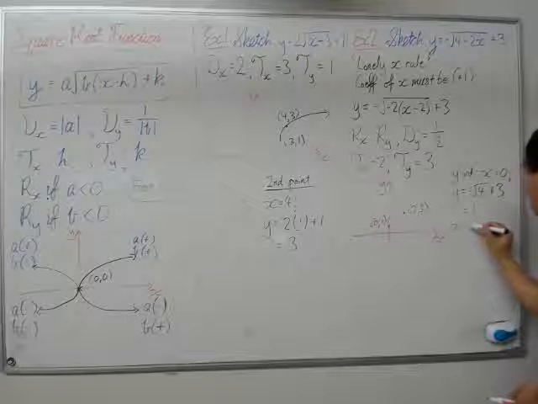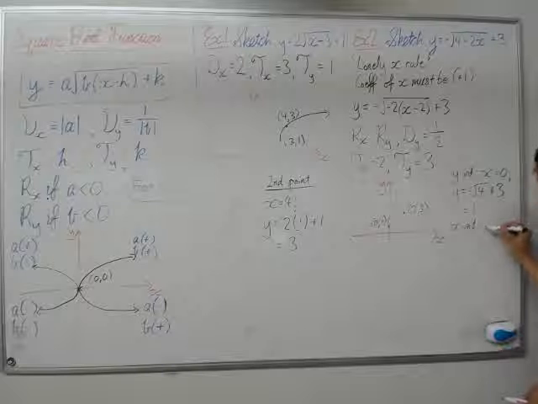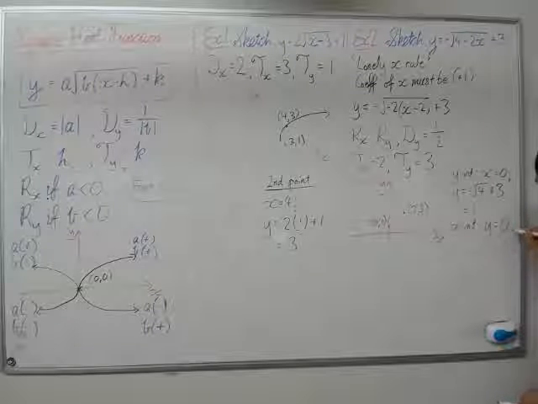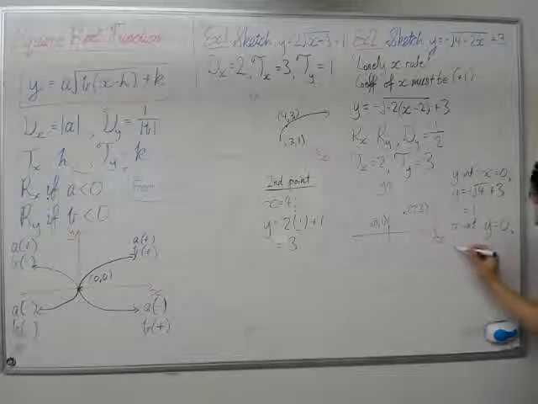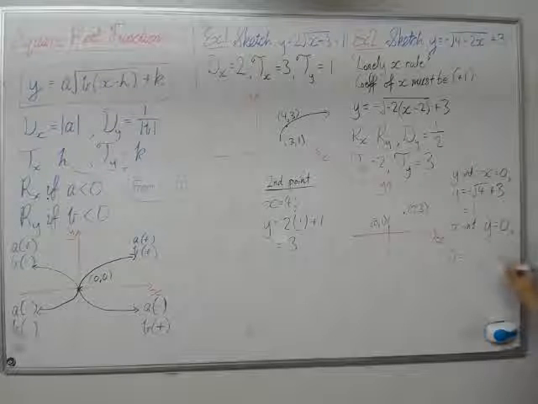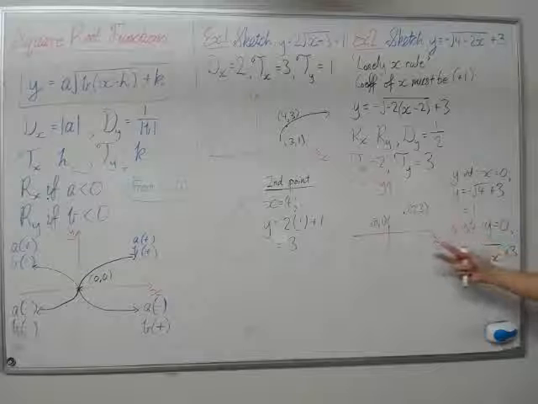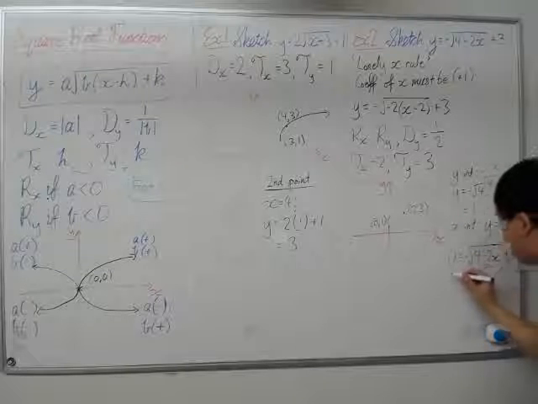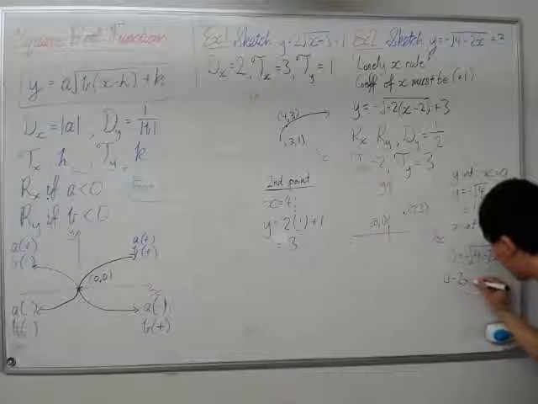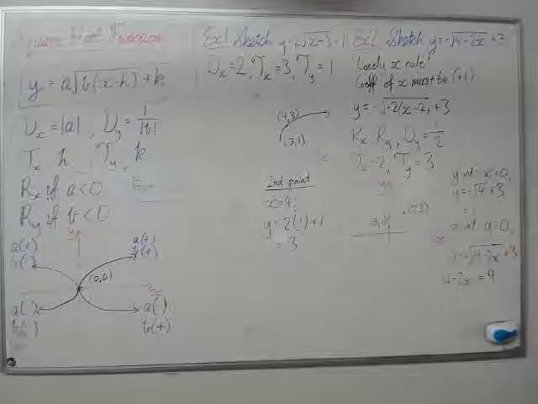What about the x-intercept? A little bit more algebra here to do, but nothing algebra can't solve. So y is equal to 0, so over here we're going to have 0 equal to negative square root of 4 minus 2x, plus 3. I'm going to take my square root to the other side and square both sides. So we have 4 minus 2x equal to 9.